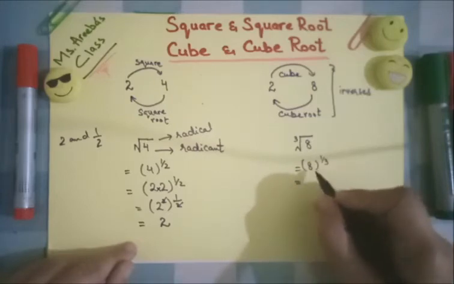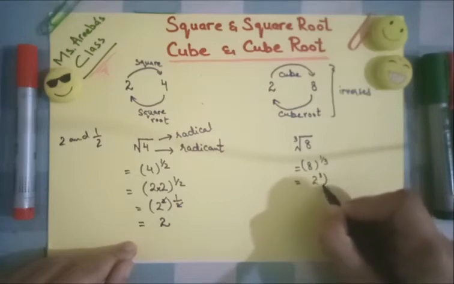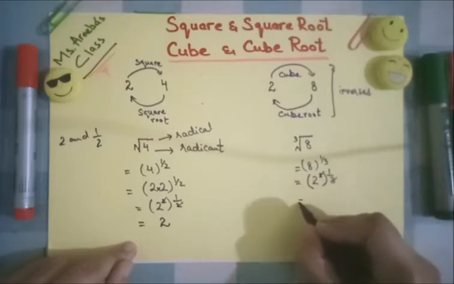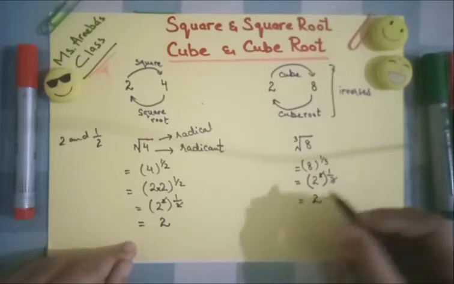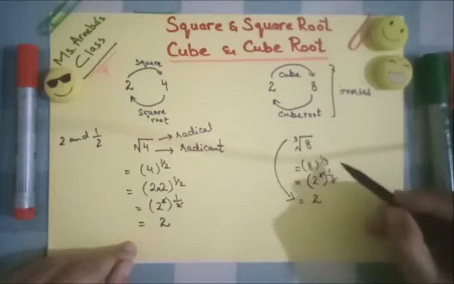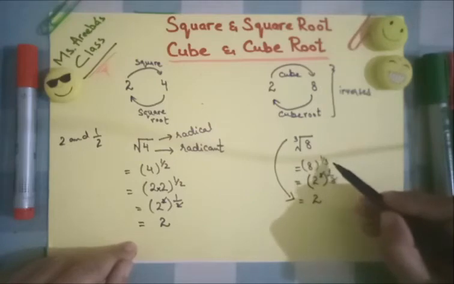Now I know that 8 equals 2 cubed, because 2 multiplied by 2 multiplied by 2 is 8. So 1 by 3, and 3 would be cancelled with this, so I can write 2 here. The cube root of 8 is 2, because the radical value of the cube root is 1 by 3.